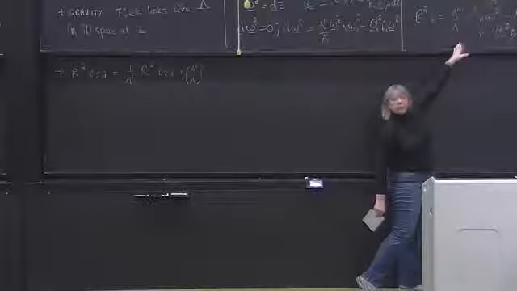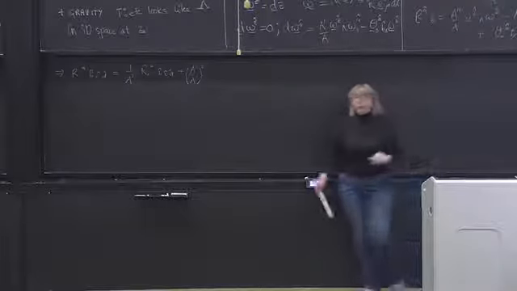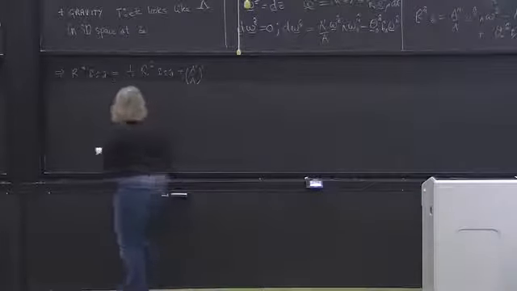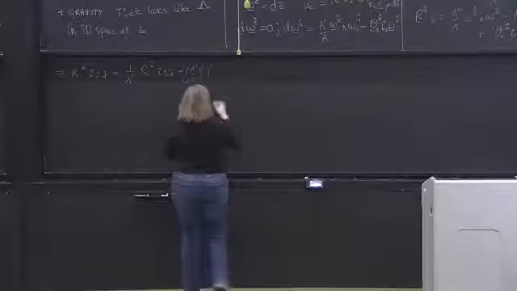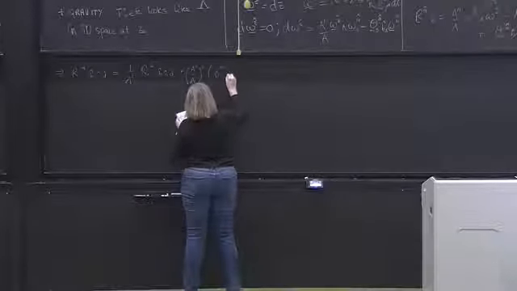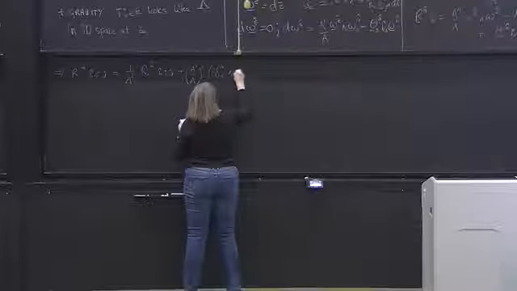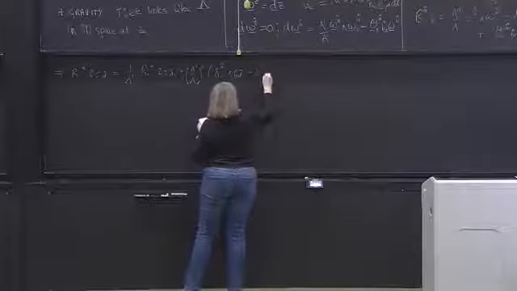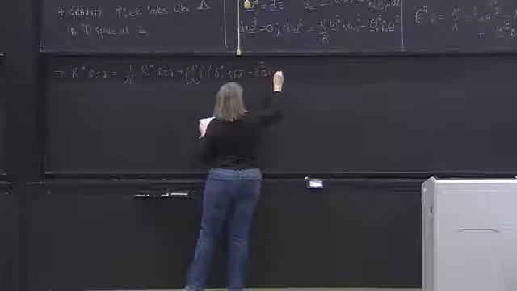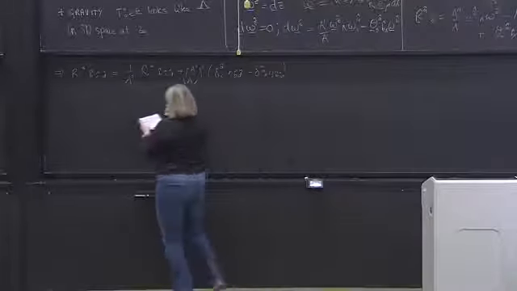To turn my omega naught into an omega, I divide by A. So I've got the A primed on A squared pieces, and we have to just make sure that they have the right symmetries, which is anti-symmetry in C and D.